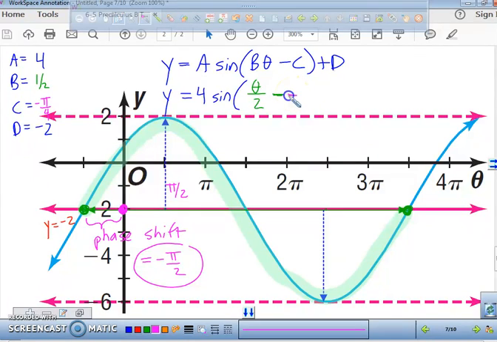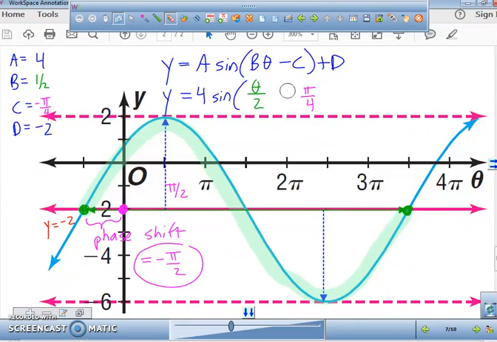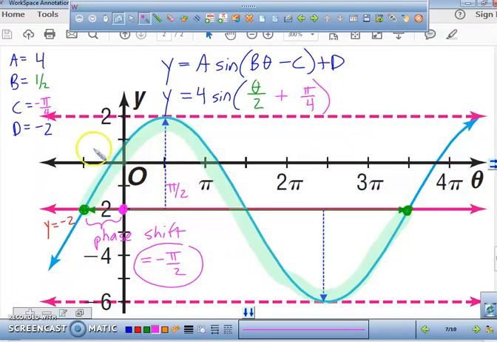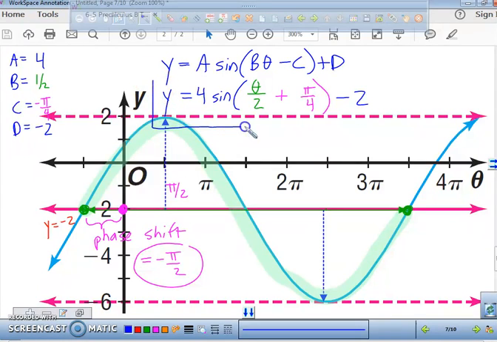A negative pi over 4. What's going to happen to those two negative signs? So instead of saying a minus in your formula, what are you going to put right there? You're going to put a plus. You're going to close it, and at the very end, you're going to put a minus 2. That's your final answer right there for problem number 8.